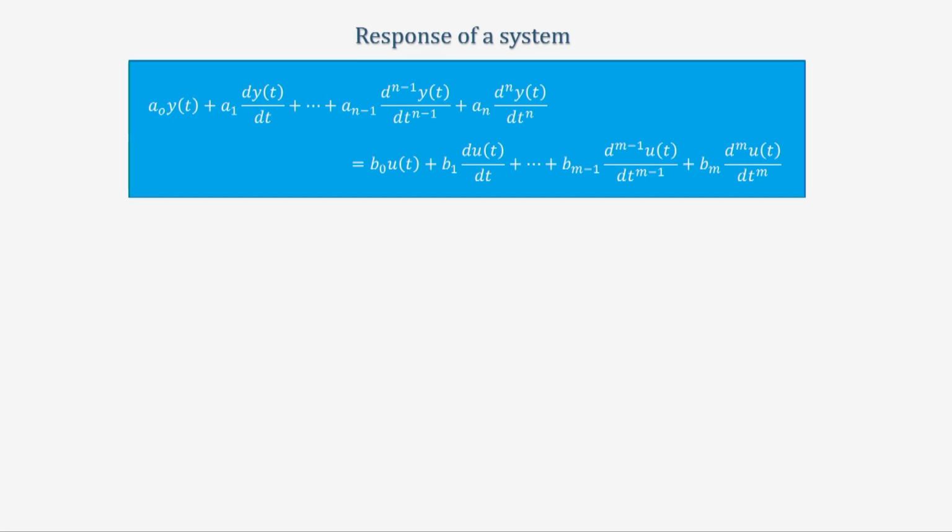Now, as I already motivated that response can be divided into different parts, there is something called the natural response of a system. What is the meaning of natural response of a system? Natural response, physically, means the output of the system when input is 0. So, mathematically what would that mean?